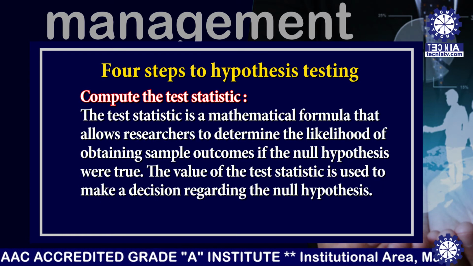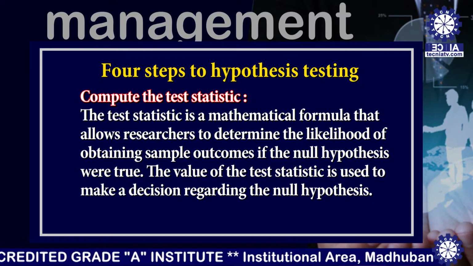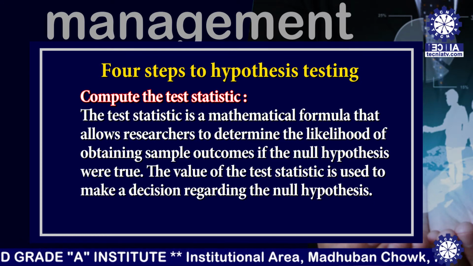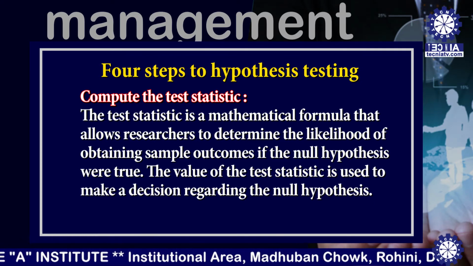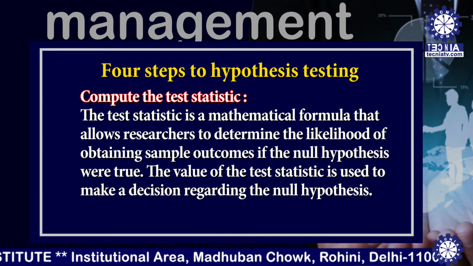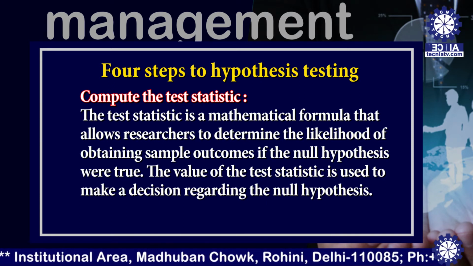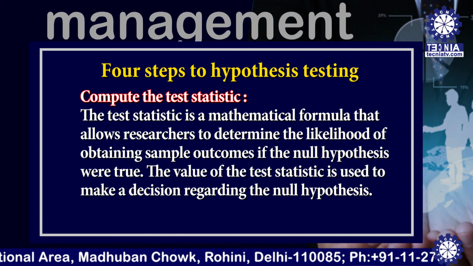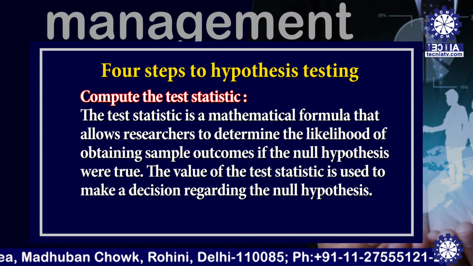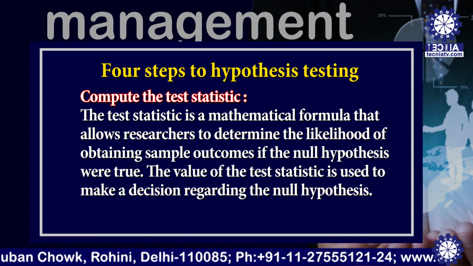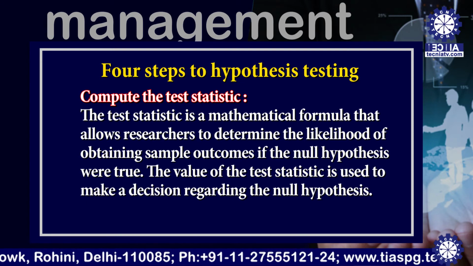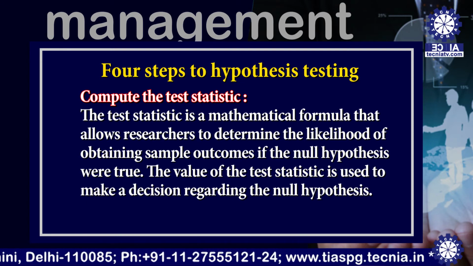The test statistic is a mathematical formula that allows the researcher to determine the likelihood of obtaining a sample outcome if the null hypothesis were true. The value of the test statistic is used to make a decision regarding the null hypothesis.